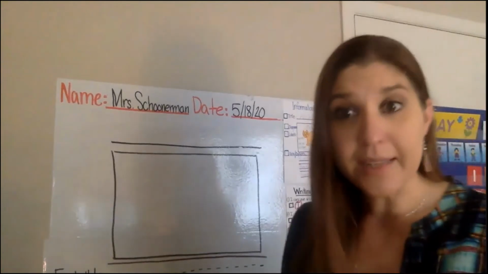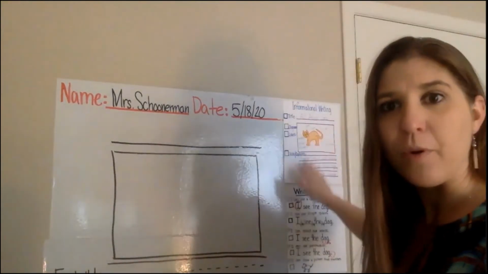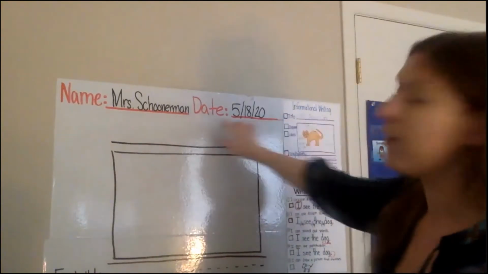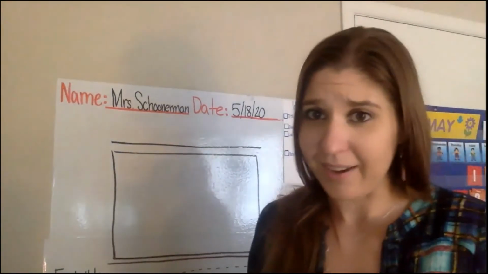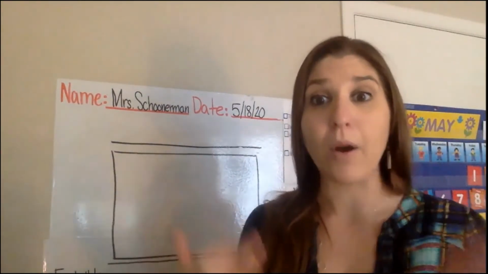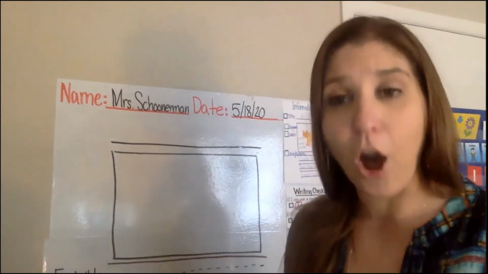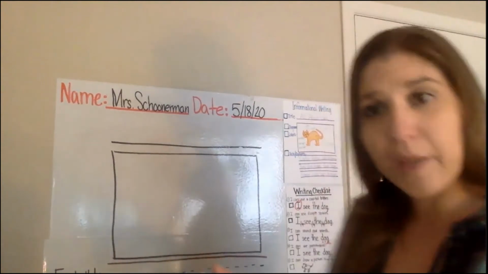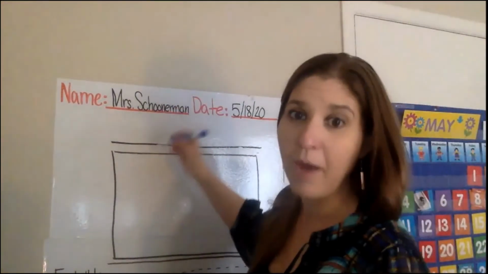Now, the next thing we need to do, remember the anchor chart that I showed you before, the first thing we need to do is add a title. Now, we're not writing about kitty cats today. We're writing all about us. So the title of our work today is going to be All About Me. So you want to write that at the top of your paper. We're going to write All About Me.